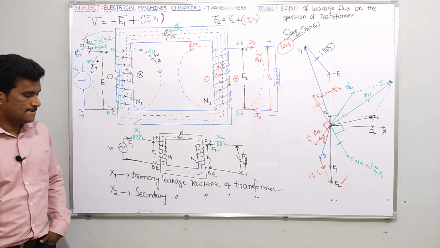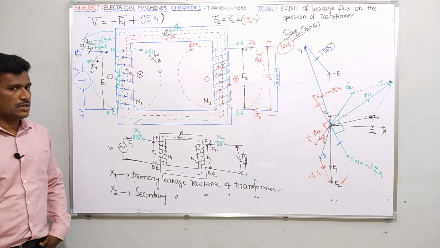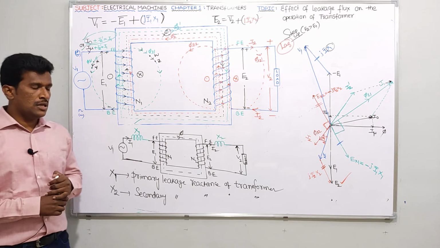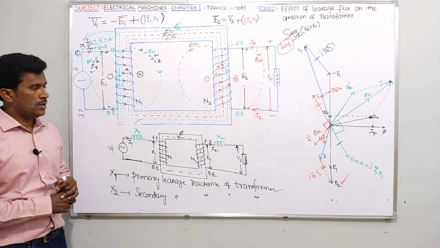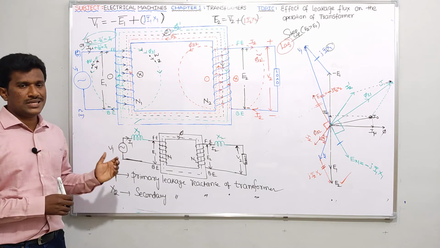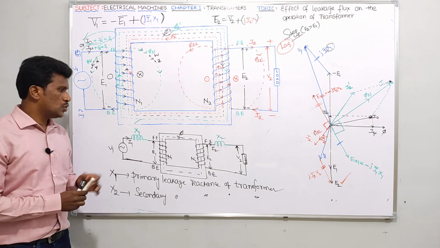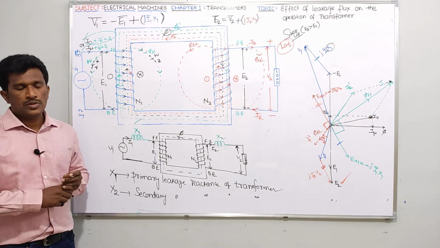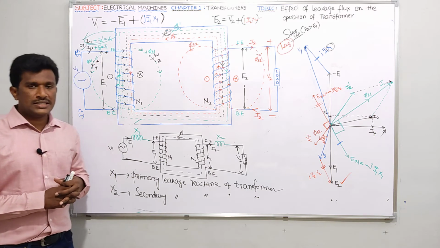In addition to that, imaginary or fictitious reactances X1, X2 should be placed in the primary side and secondary side to compensate EX1 and EX2 in the primary side and secondary side respectively.